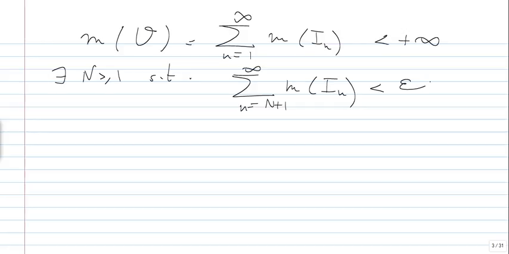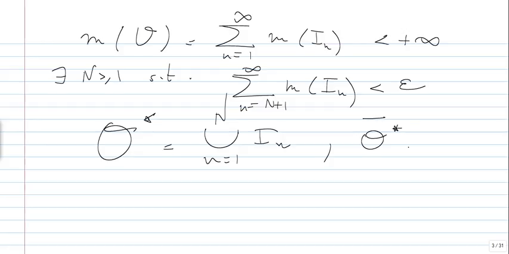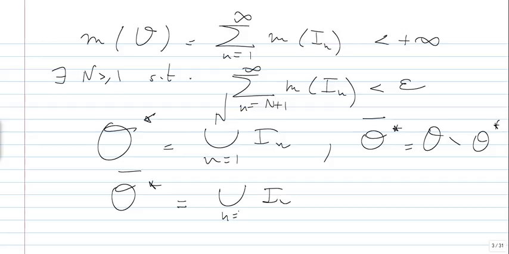So now we take O star to be the union of I_n from 1 to n, and let us denote its complement in O by O star bar, which is O minus O star, which is just the union of the I_n's from n plus 1 to infinity.